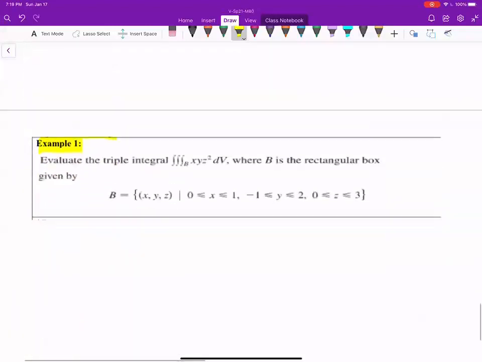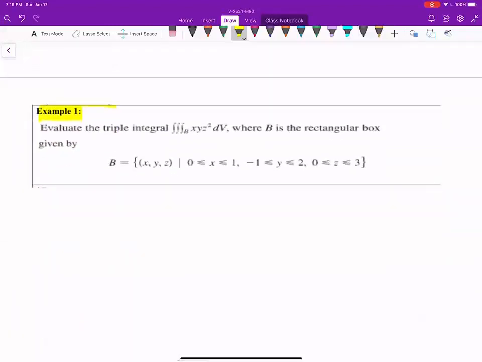So it is a triple integral over a box. So we have definite limits for x, y, z. So the problem is going to be much simpler than problems that involve variables which are functions of other variables.